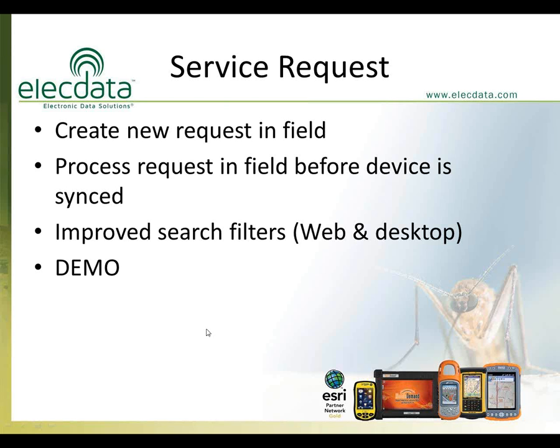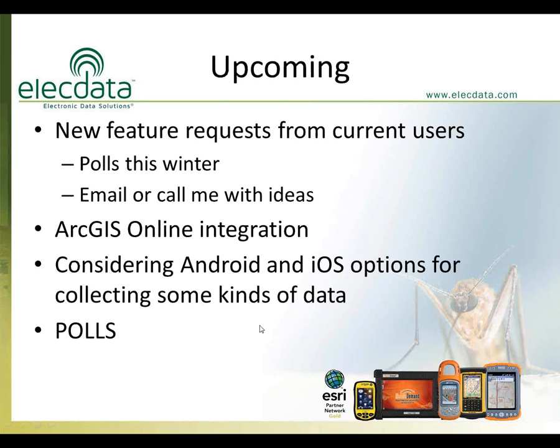Okay, so let's get back into what's left of the presentation. Upcoming, we have sent out a survey to all of our current users asking for further ideas for future features.